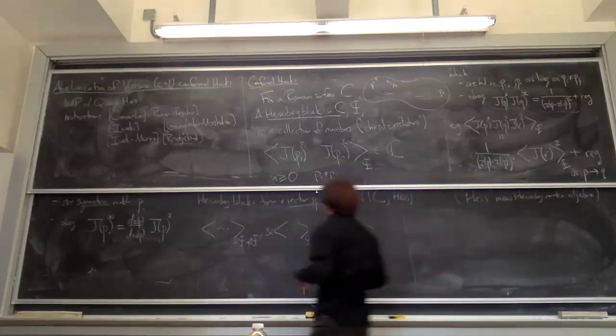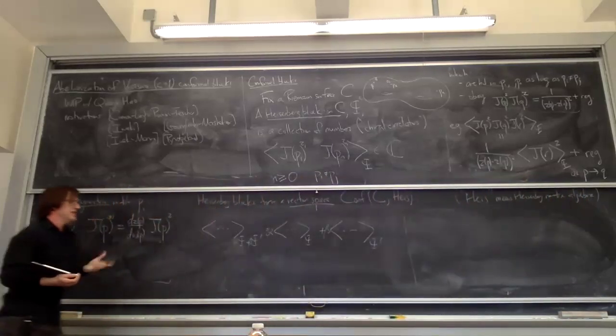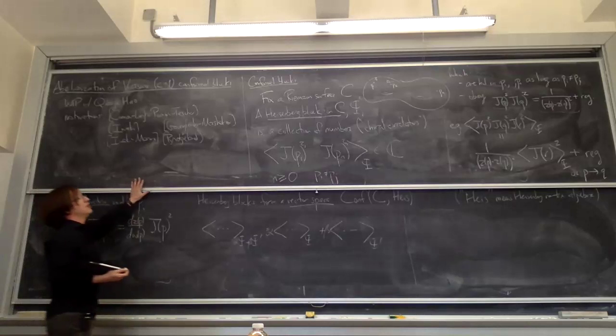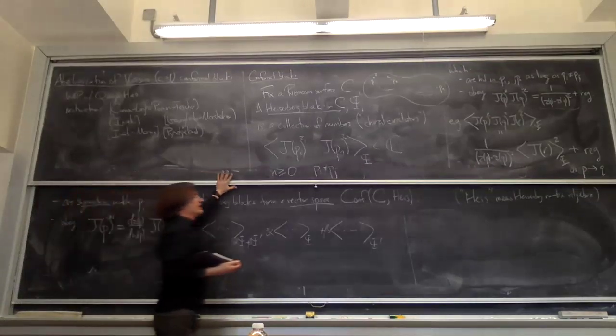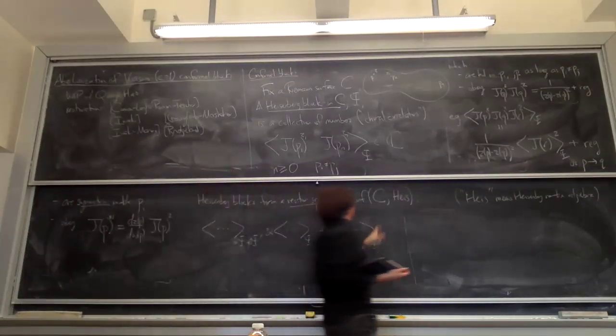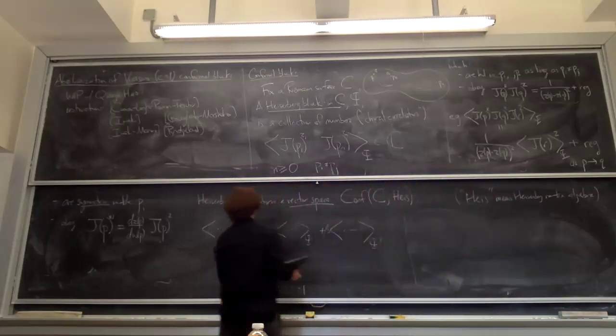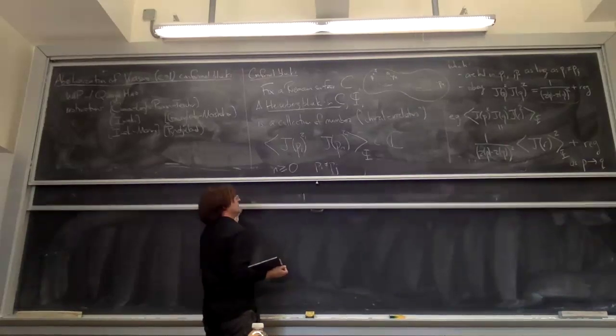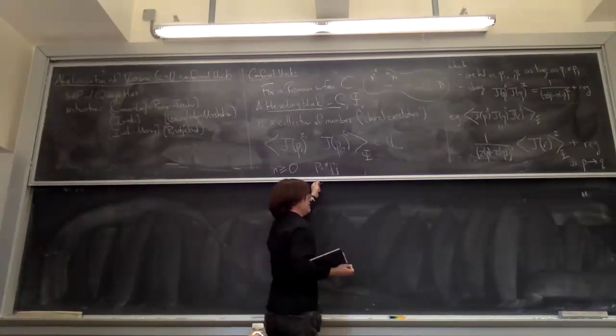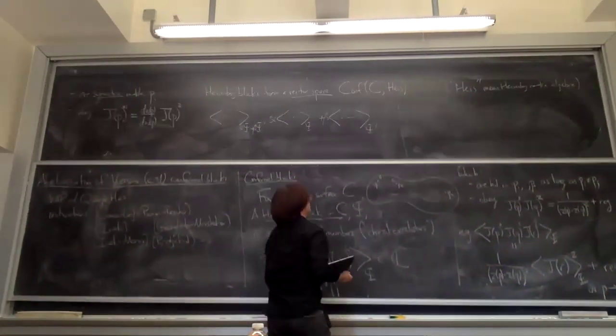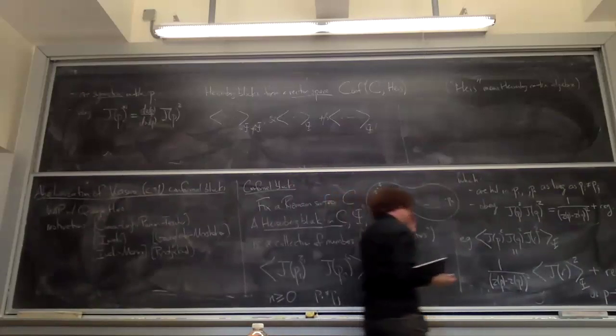Okay, so the Heisenberg blocks form a vector space, and so we can ask, what is that vector space? The simplest thing we could ask is, how about take C to be just CP1?